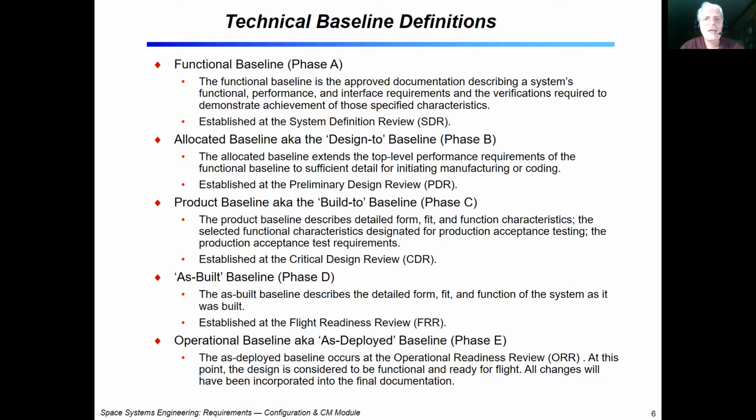So the product baseline via the build-to baseline, that's exactly sort of as I was talking about before. This is your menu, how it is that you're going to build your payload, and that's documented in the CDR. Likewise, after that, phase D is as built, how it is that you actually made it.